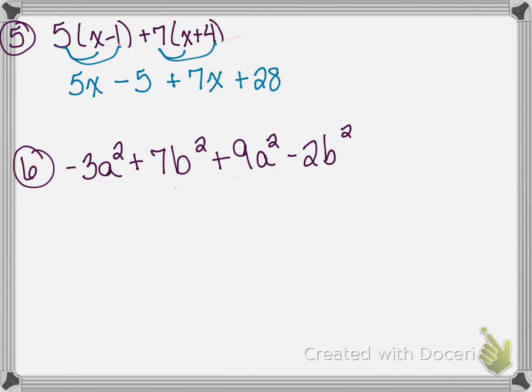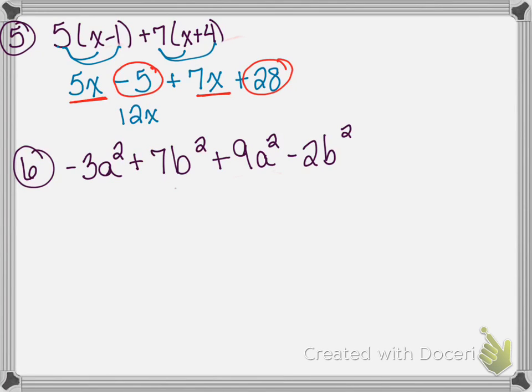Now, 5x and 7x are like terms. They are the same variable. Okay, so I can combine those and I get 12x. Then I have a negative 5. That subtraction stays with that 5.